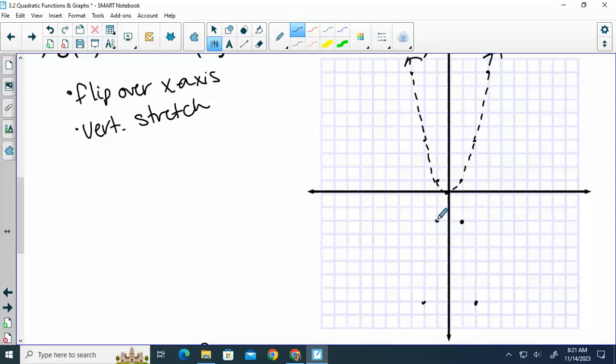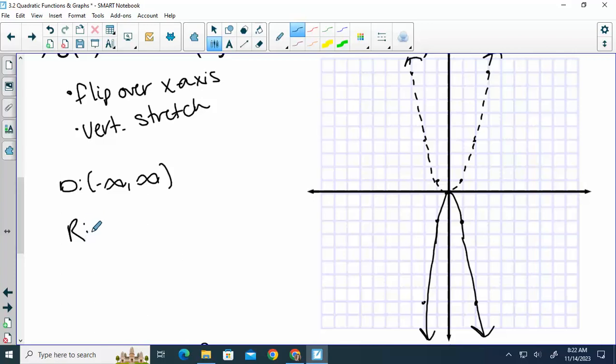Same thing on the other side. So we get an upside down parabola. What is the domain? Range? With a bracket.